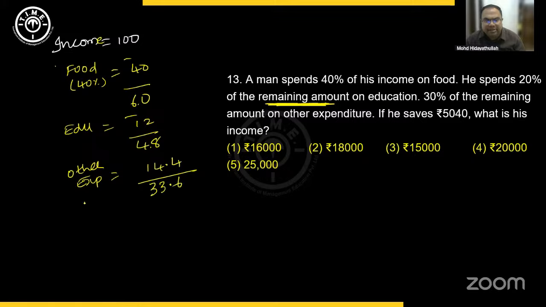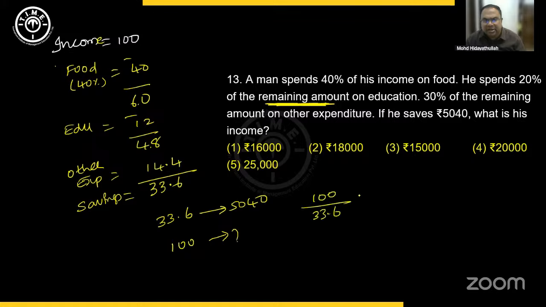These are his savings. So 33.6 is given as 5040. 100 is how much? 100 upon 33.6 into 5040, or I can write 1000 upon 336 into 5040.